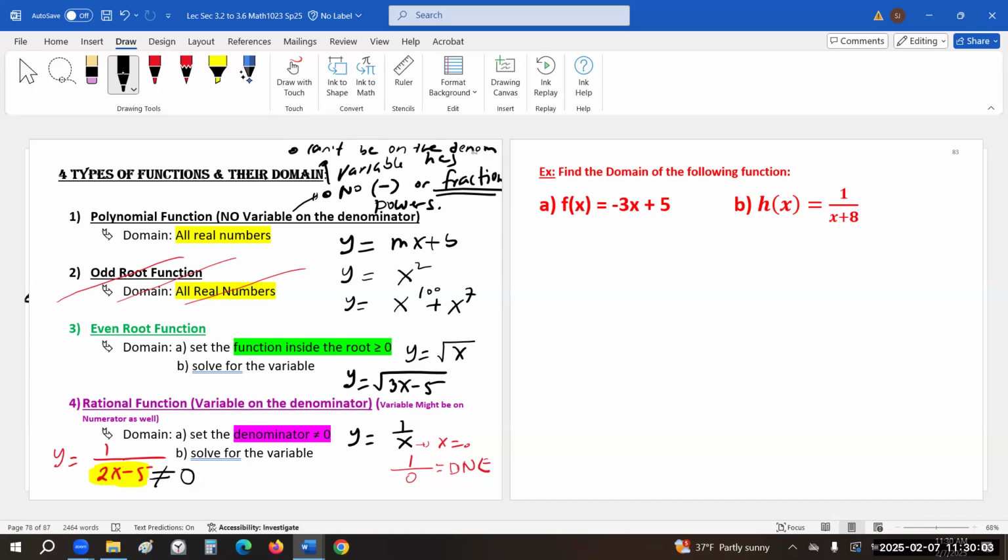If you have these 3 scenarios, it's not a polynomial. So do you see any variable on the denominator for the first one? No. So one problem solved. Does your x have any negative power or fraction power? No, because x is to the first power. So is the first one a polynomial? Yes. So does it have a problem?